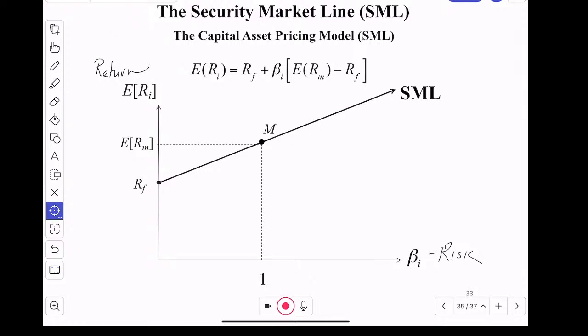So we can use this to determine the risk-adjusted rate of return for a firm for their project analysis. So we're going to practice using the capital asset pricing model for that purpose.